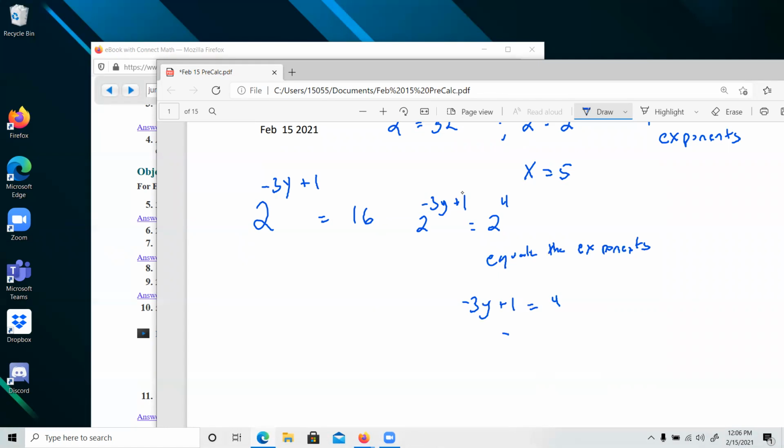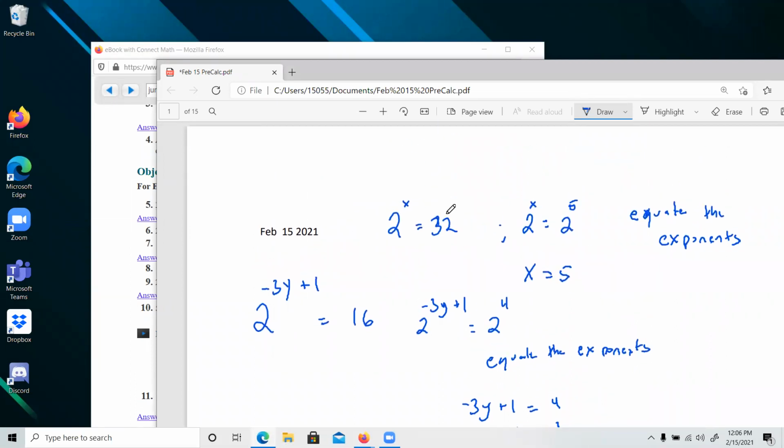Now we can solve this little equation. We could subtract 1 from each side and say negative 3y is equal to 3, and then we'll get y is equal to negative 1.